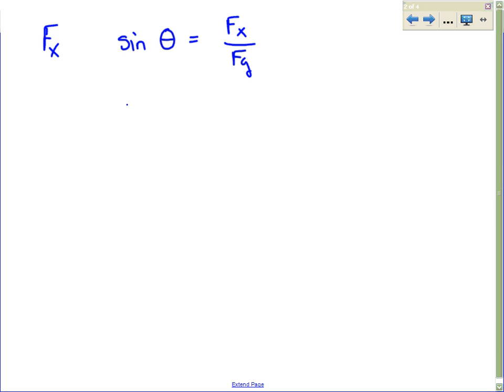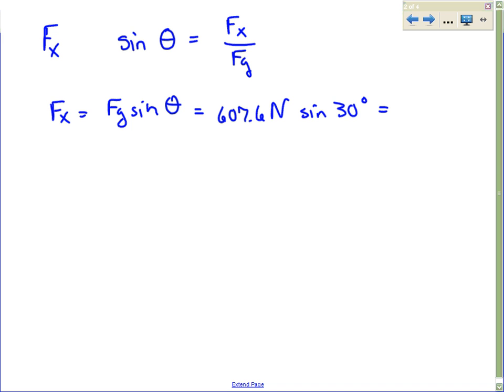So, my Fx is equal to Fg sine of theta. Using our information, our weight was 607.6 newtons times the sine of 30 degrees. And we have Fx equal to 303.8 newtons.